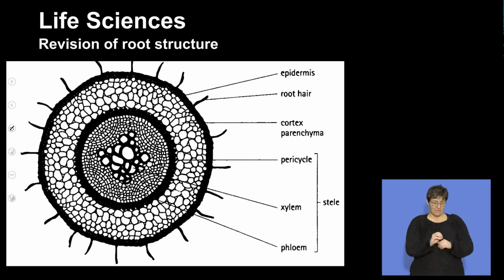We have the epidermis on the outside with, very importantly, the root hairs to absorb the water. We've got this layer, which is the cortex, and that's mainly for storage. Then in the center, we've got the xylem with the phloem, and then the endodermis and pericycle around the vascular cylinder.